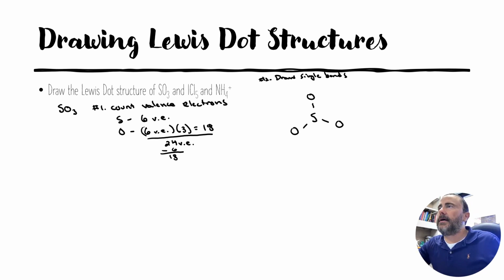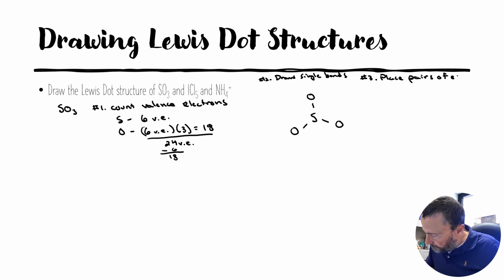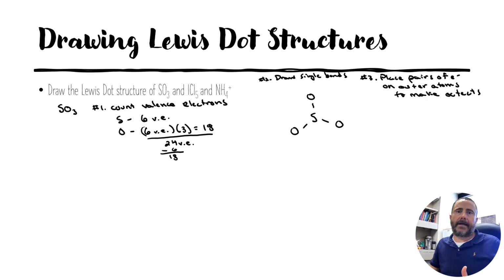Next, number 3, we're going to place pairs of electrons on the outer atoms to make octets. Basically, we want to get to 8 electrons around each one of them. Look at that top oxygen right now. It has a bond, that's 2 electrons that it feels like it already has, so we can only put in 6 more. So 1, 2, 3, 4, 5, 6. Now that oxygen feels like it has an octet.